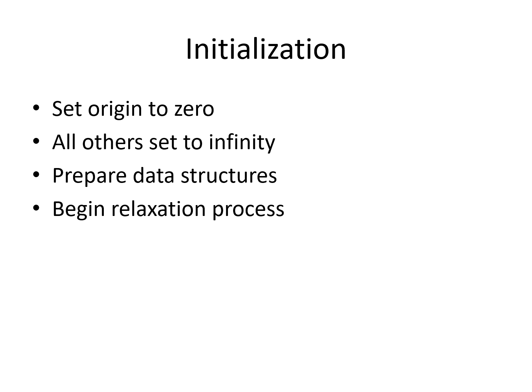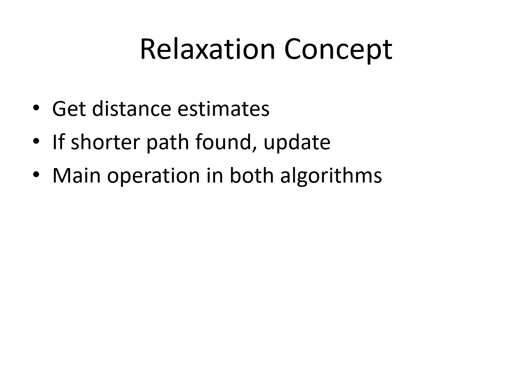We'll get to that in a minute. Then they begin the relaxation process. So what's the relaxation concept? They estimate the distance to get an idea of what the shortest path might be and set that. Then if a shorter path is found throughout the process, they update.